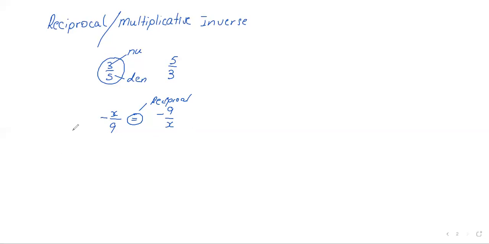Now let's see, where does this come in handy? We are going to have a look at equation 1. Let's call it A, where we have 3 over 8x is equal to, let's say it's equal to a 2.